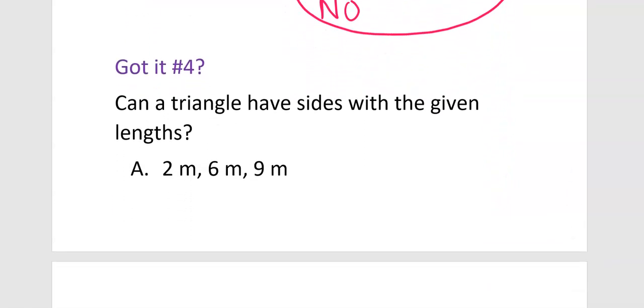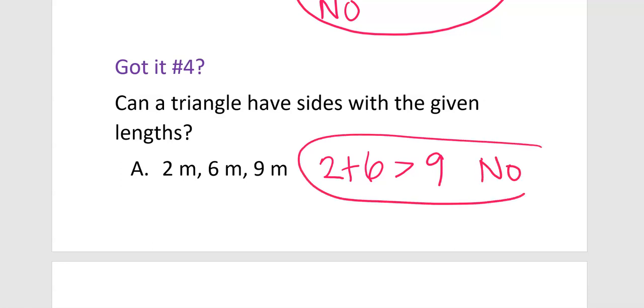Can the triangle have this length side? Is 2 plus 6 bigger than 9? No. So again, you just say no right away, and this is your explanation. If it is equal to or less than, it is false. As long as it's bigger than, you're going to keep going and do all three lengths.